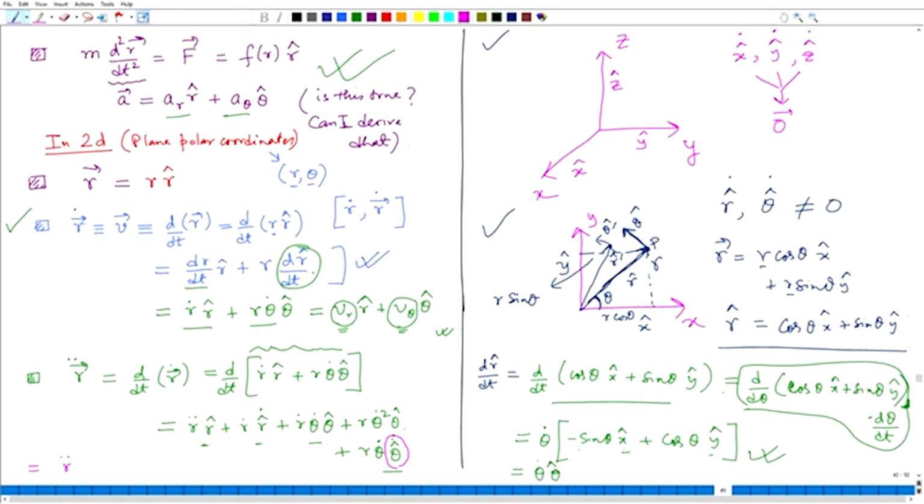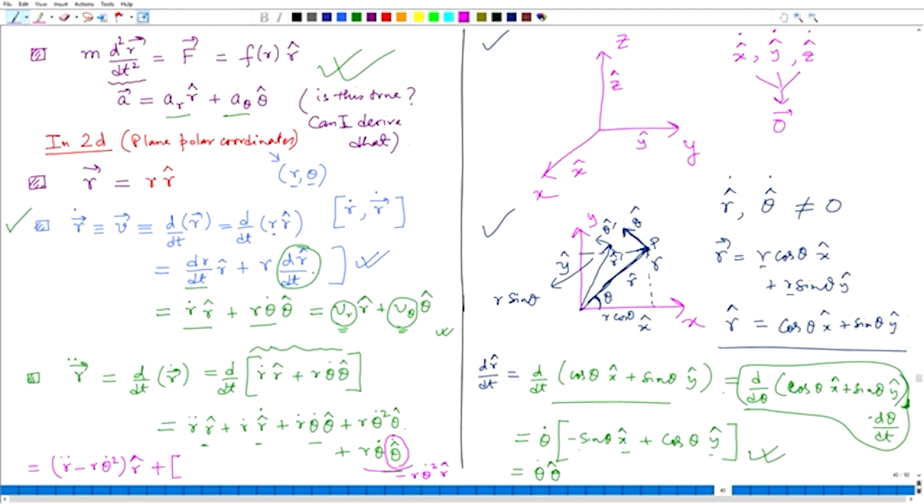So, this whole thing gives minus r theta dot square r cap, plus all these terms which have the direction theta cap. We know r cap dot is nothing but theta dot theta cap.